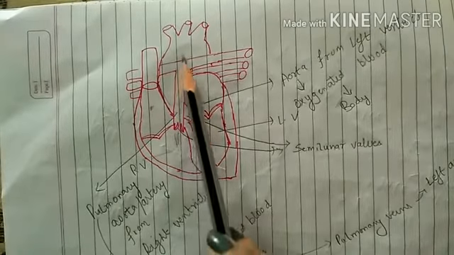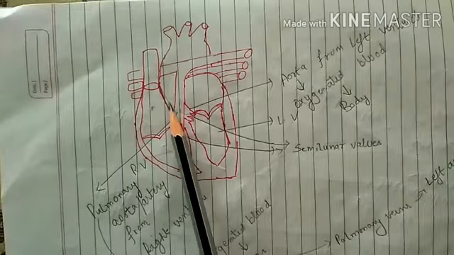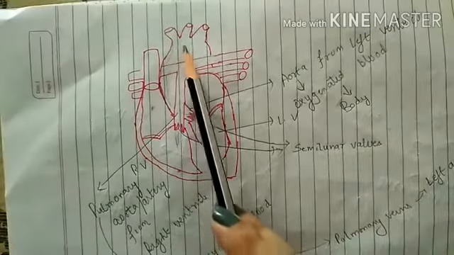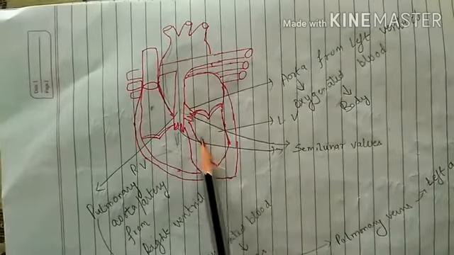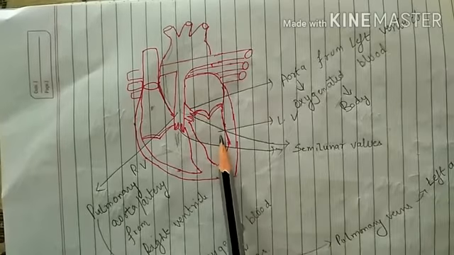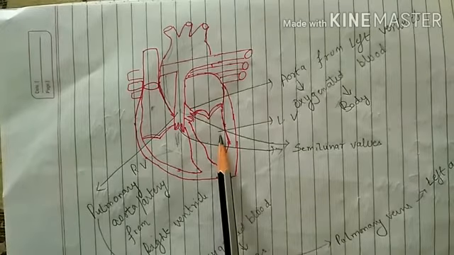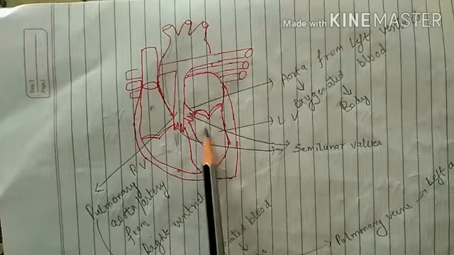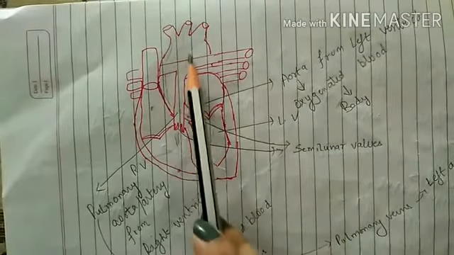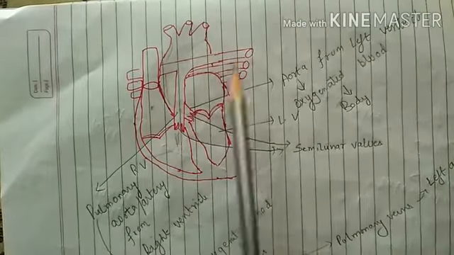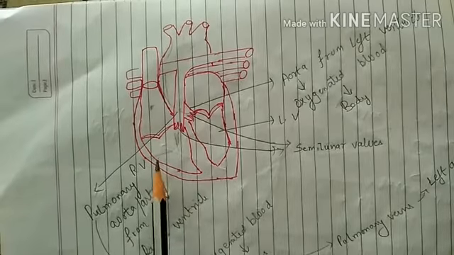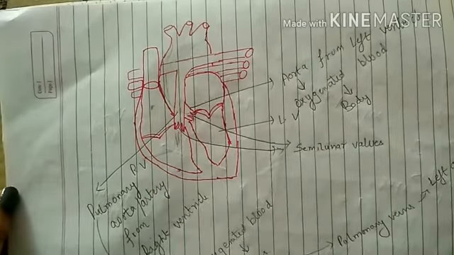This is the largest artery. This aorta arises from the left ventricle, in which oxygenated blood is present. This oxygenated blood will pass into the aorta and will be distributed to all the parts of the body through this aorta.